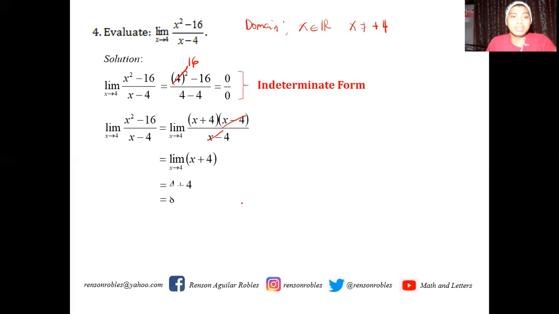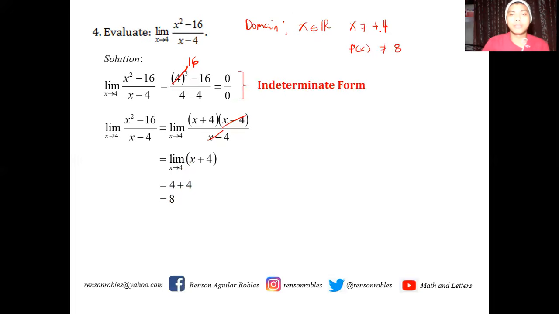However, when x equals 4, we just replace x by 4 here. So we have 4 plus 4, and that is equal to 8. Okay? Which means when x is equal to 4, the function value is equal to 8. And since x is not equal to 4, then we can say that f of x cannot be equal to 8.